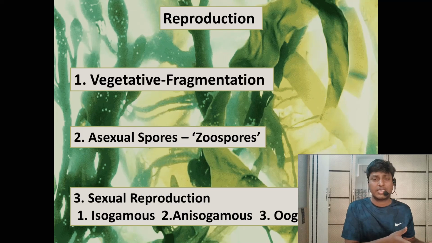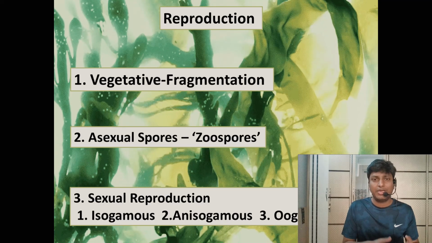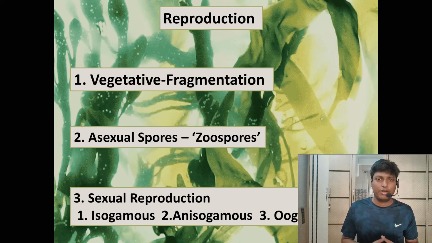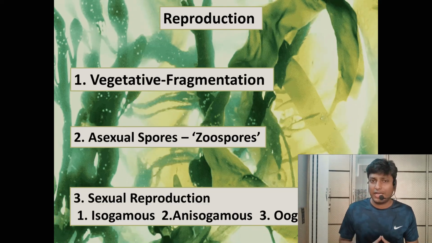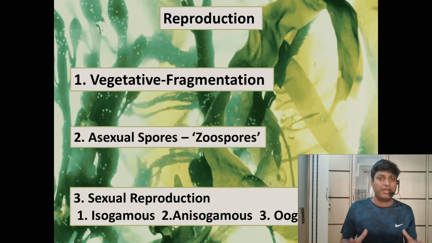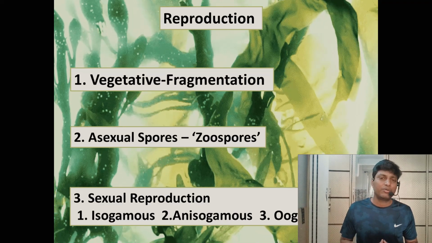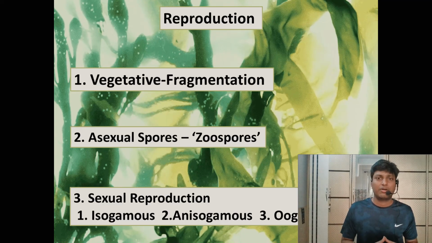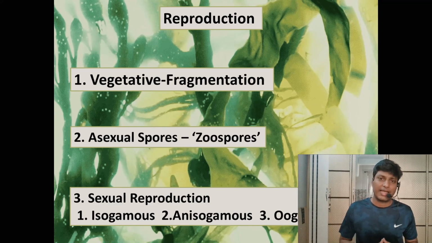Want to know what is isogamy, what is oogamy, and what is anisogamy? I would recommend you all to watch the earlier video on algae, because in that video I have very clearly explained the three basic types of reproduction based on the gametes.